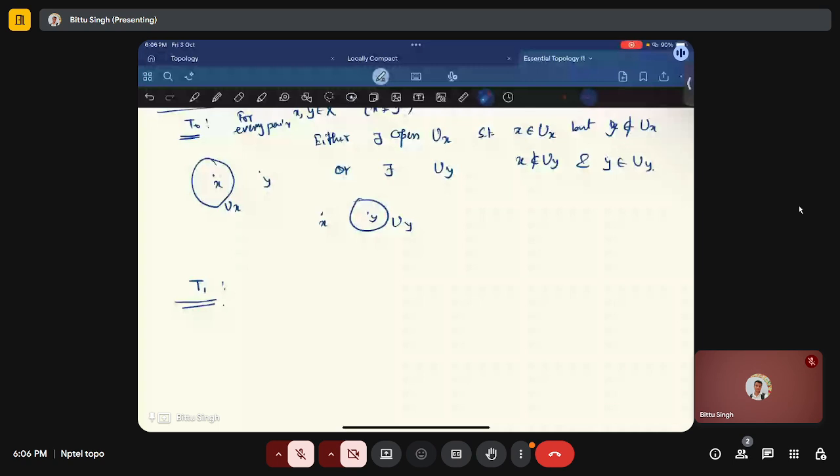So instead of either-or, the statement will be and. The condition here is stronger than the previous one. Instead of this, it is and, for a T1 space.